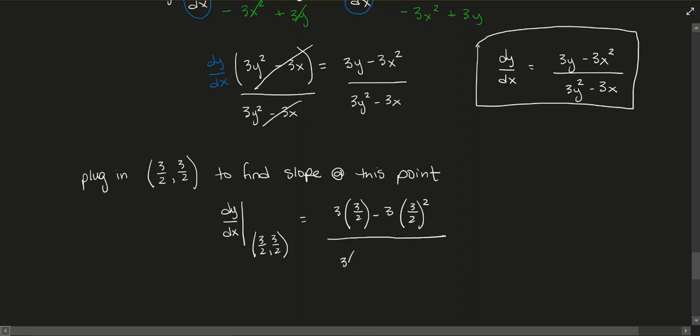And then we have 3 times y squared on bottom, minus 3 times x on bottom. And if we clean this up, that's going to look like 9/2 minus 27/2. Not 27/7, 27/2. There we go. And then on the denominator, we will have 27.